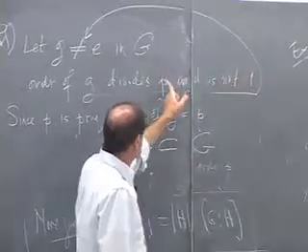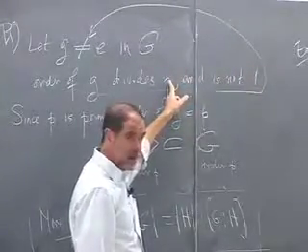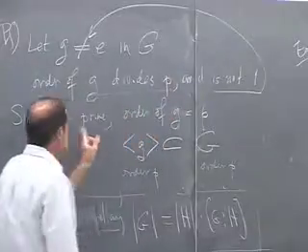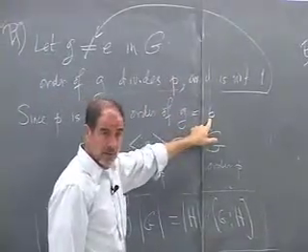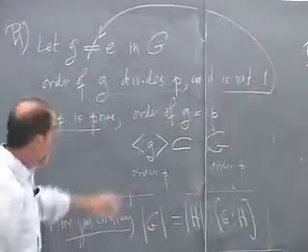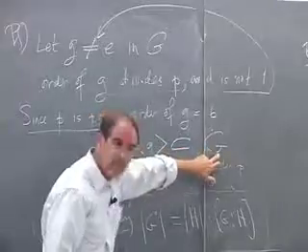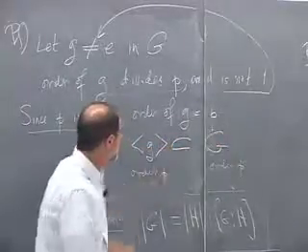But since P was assumed to be a prime number, the only divisors of it are 1 and itself. Therefore, the order of g has to be equal to P. And therefore, the subgroup generated by g has the same order as the group itself. Therefore, it's equal to the group.